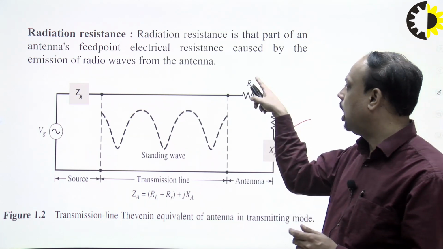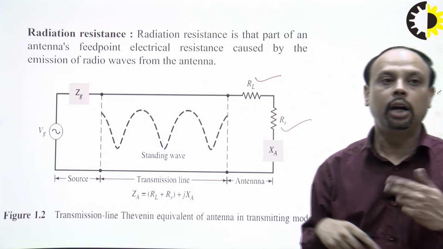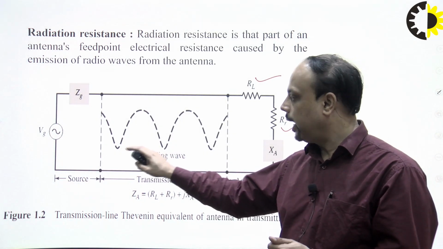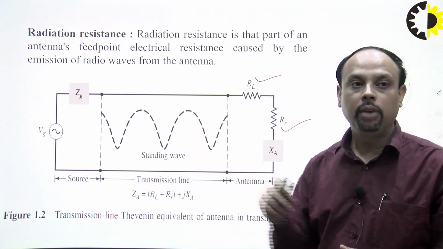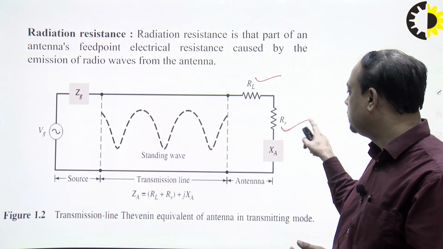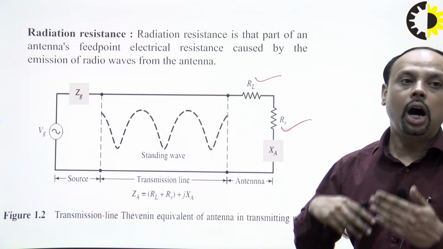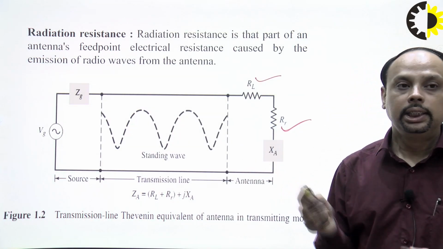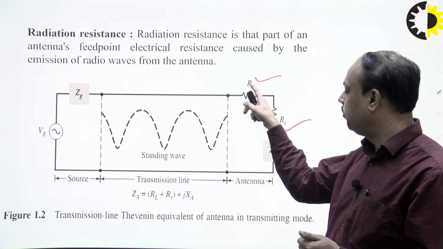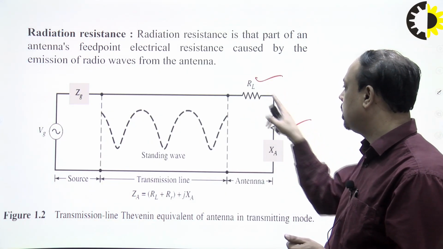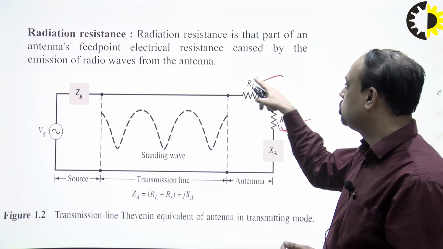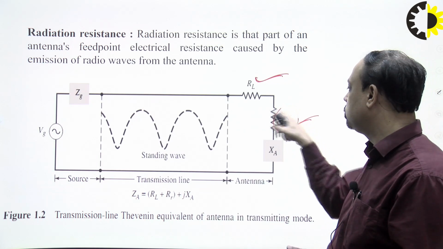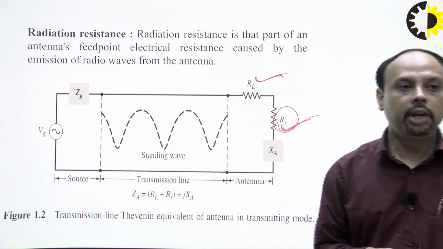That is RL, the loss due to the heating up of the antenna element as the signal propagates from the antenna, and the other loss is the radiation that is going out from this complete system, from the transmitting system to the space. So two different resistances represent the different losses: the losses due to heat, or ohmic losses, and the losses due to radiation, which is represented by the radiation resistance.